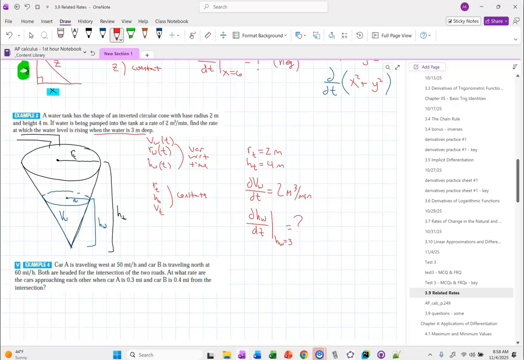So to relate volume, radius, and height in a cone, I'm going to use the volume of a cone formula. Everybody good with that plan?